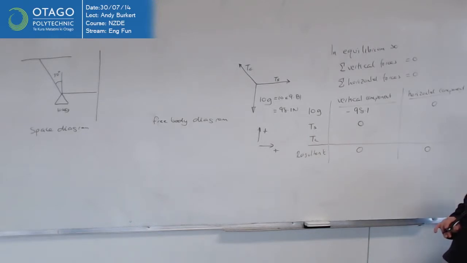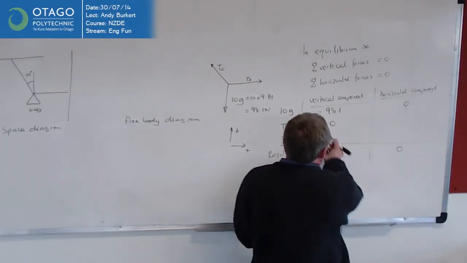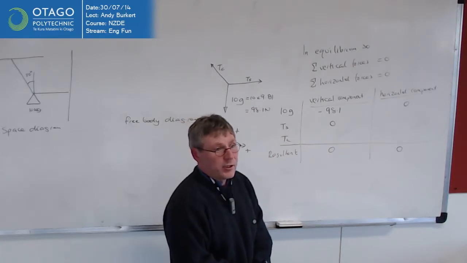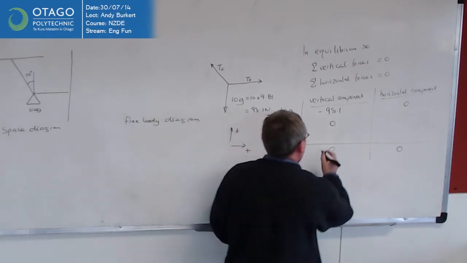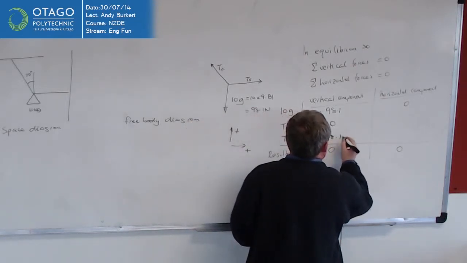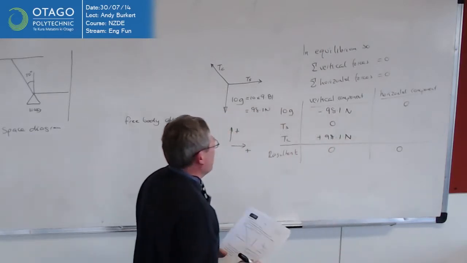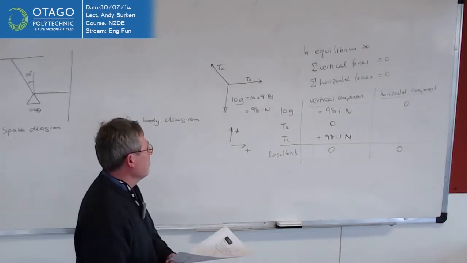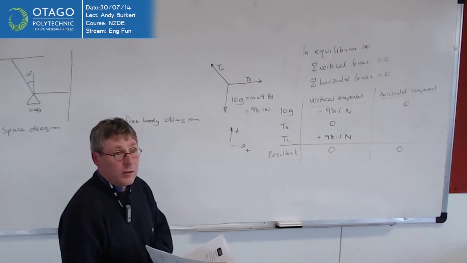Now, what's the vertical component of TC got to be for it to add up to 0? Yeah, so we're going to have plus 98.1 newtons. And there's nothing else we can fill in at the moment.